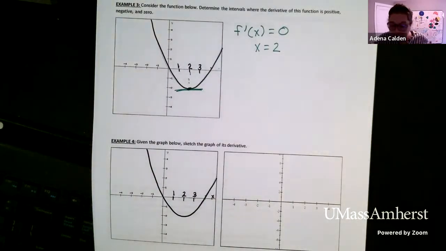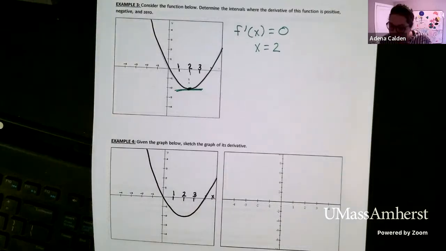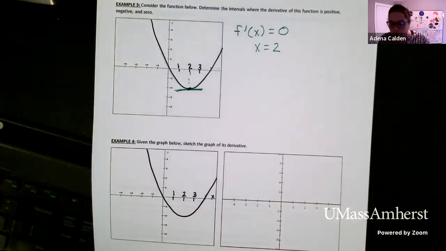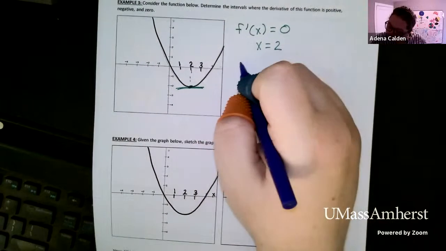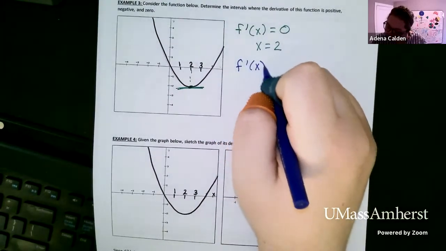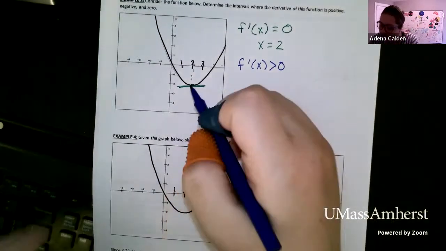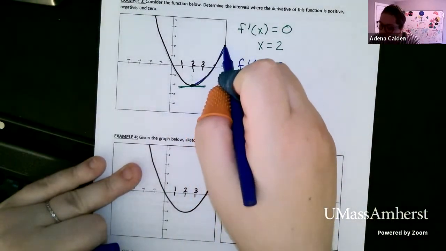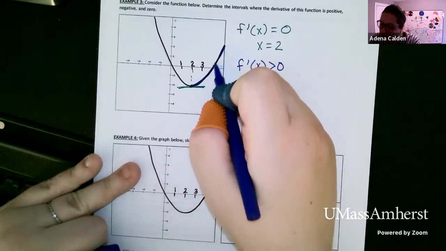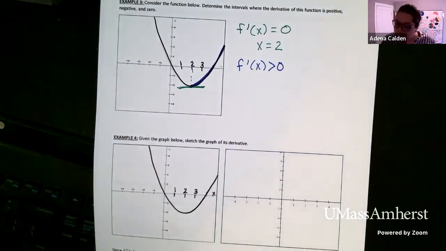So then again, we want to consider where we're increasing and where we're decreasing. So the derivative of this function is going to be positive whenever we are increasing. So notice that after 2 is where this function is going up, right?